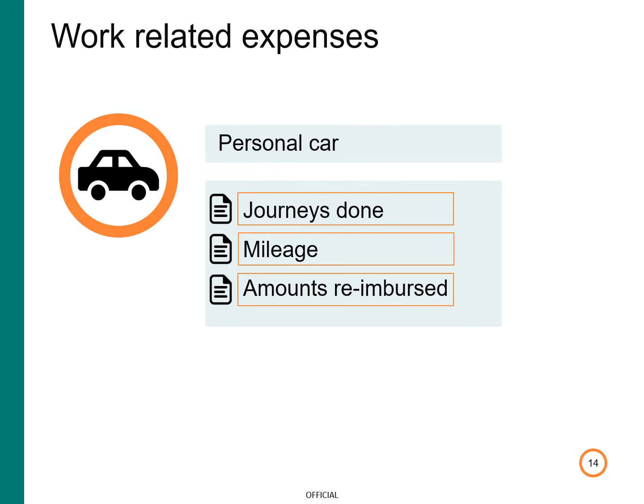You also need records for any work-related expenses you're wanting to claim tax relief on. For example, if you're claiming expenses for using your own car for business journeys, you'll need records of the journeys, mileage covered, and any amounts reimbursed by your employer.